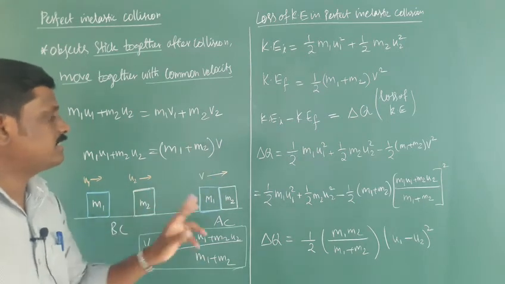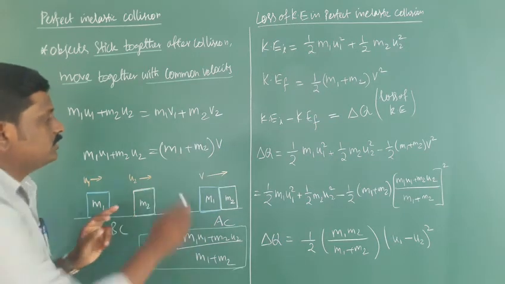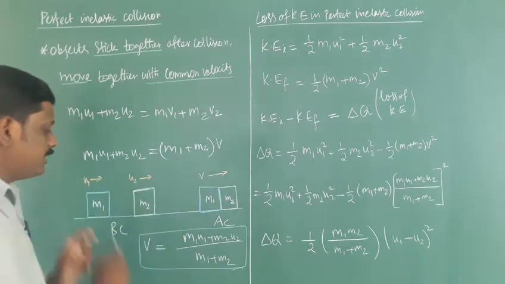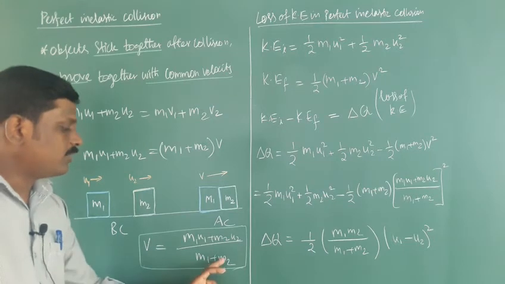From this we can find the common velocity after collision: v is equal to m1 u1 plus m2 u2 divided by m1 plus m2.